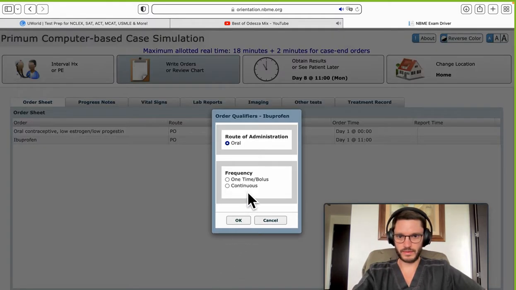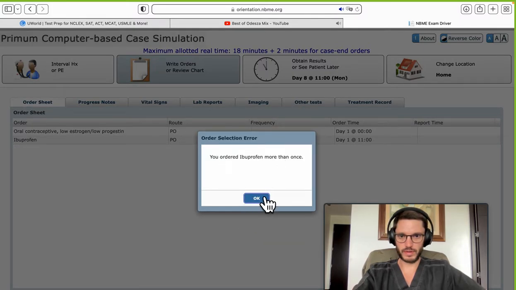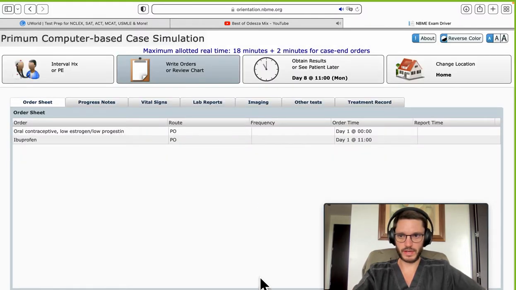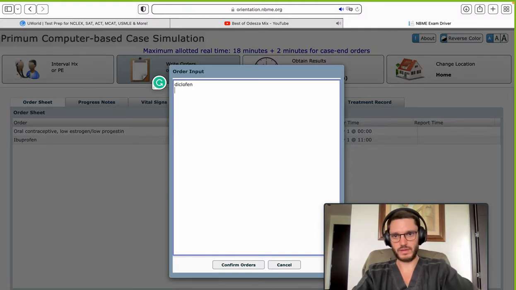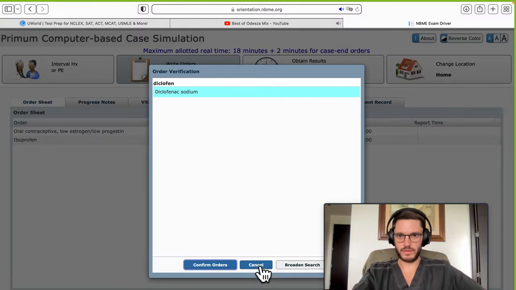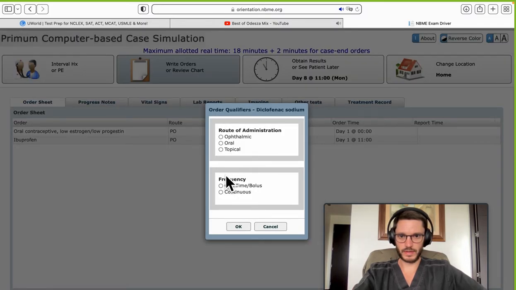Let's send this continuous oral. You can't order it more than once. Can't order it again. Okay, so what are we going to do right now? Diclofenac. Shows a little anemic.